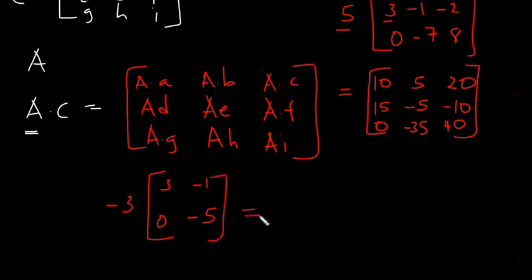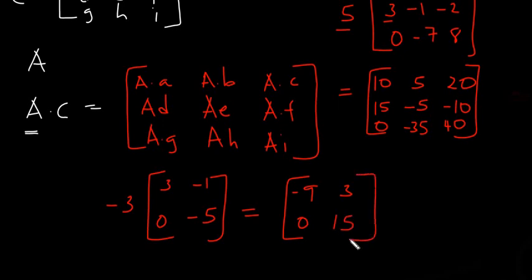So this will give us -3 by 3. This will give us -9, and then -1 by -3 will give us 3, and then by 0 this will be 0, and then -3 by -5 will give us 15.